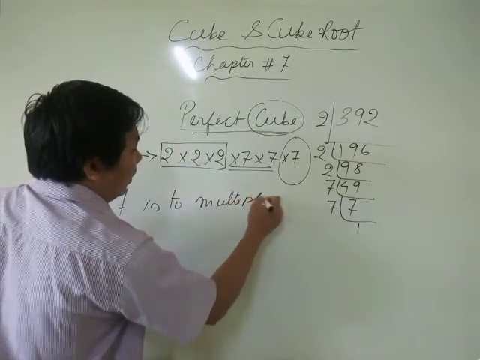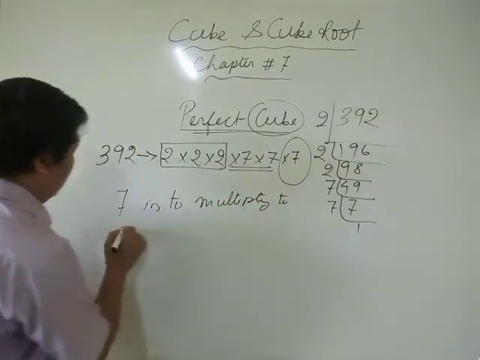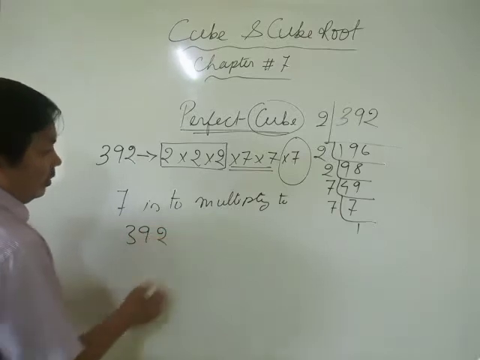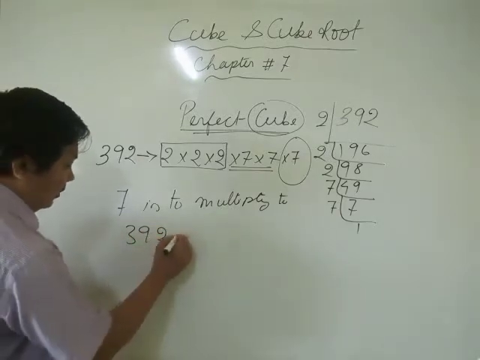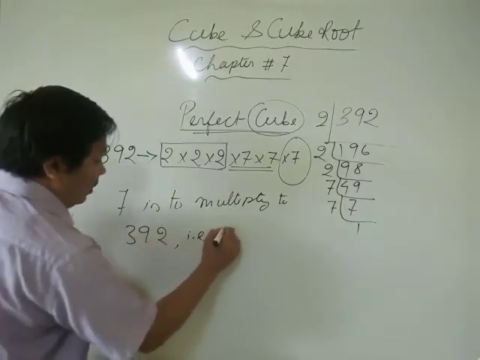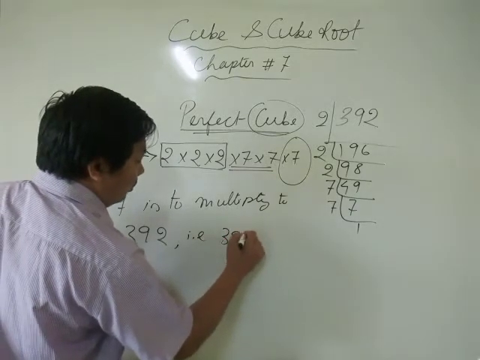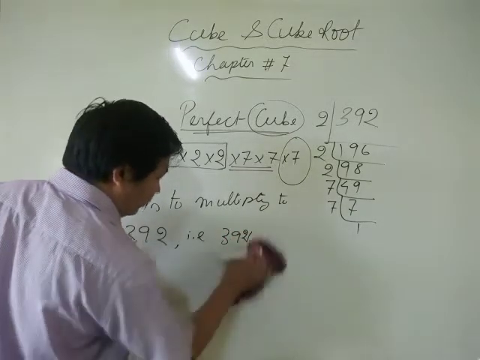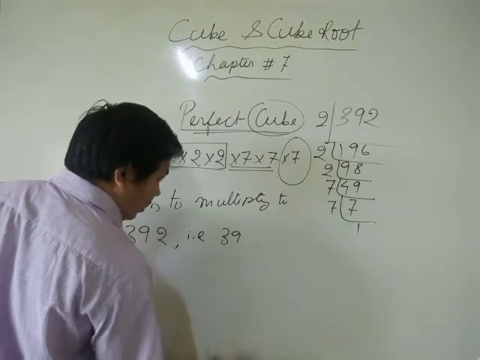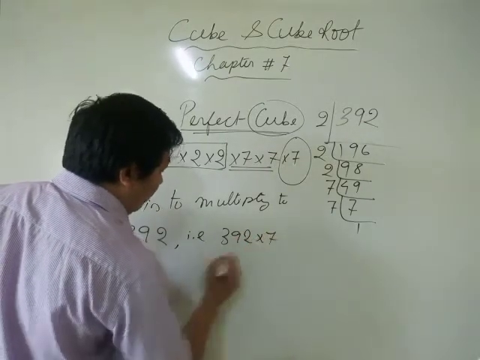Multiply to 392, that is 392 into 7. Then how much do we get here?